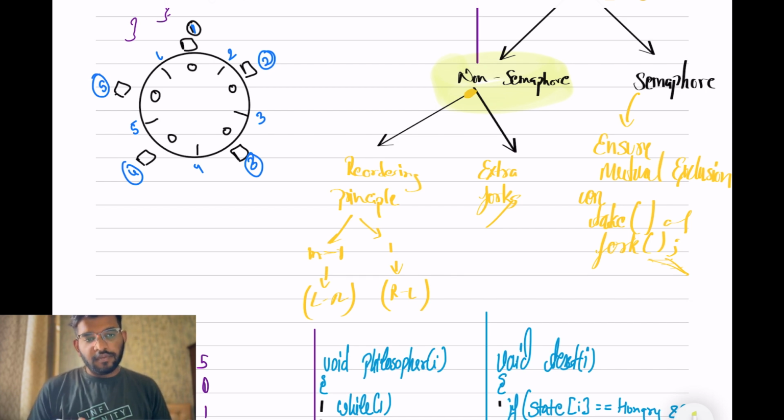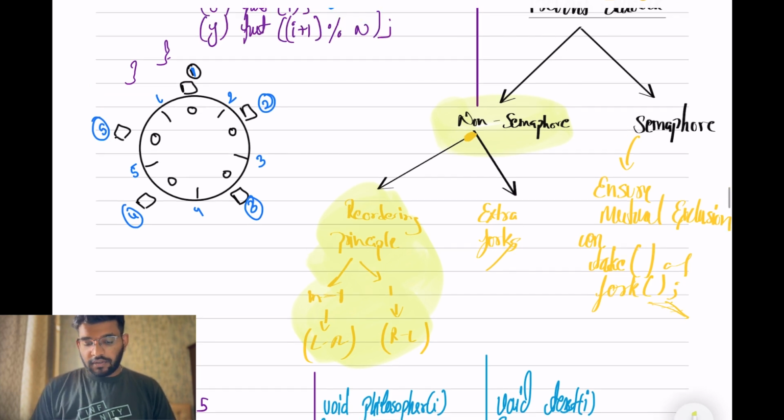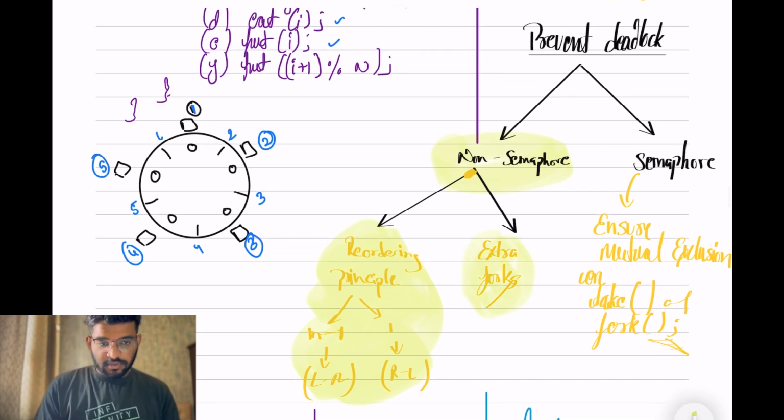When it suffers from deadlock, if everyone wants to eat at the same time, there are ways to prevent the deadlock. One is using non-semaphore and one is using semaphore. In the non-semaphore approach, there are n philosophers, so n minus one will first take the left fork and then the right fork, but that one philosopher will first take the right fork, then the left fork.